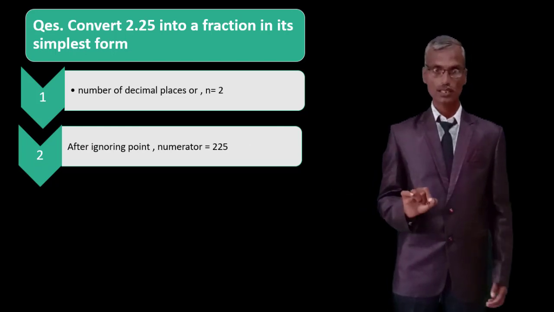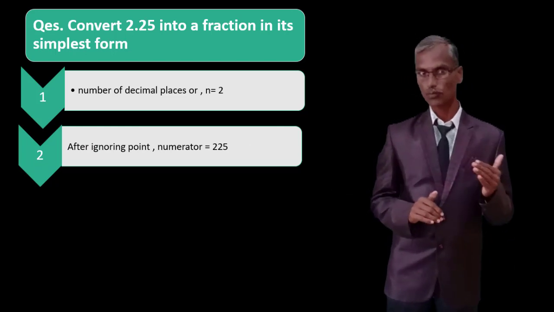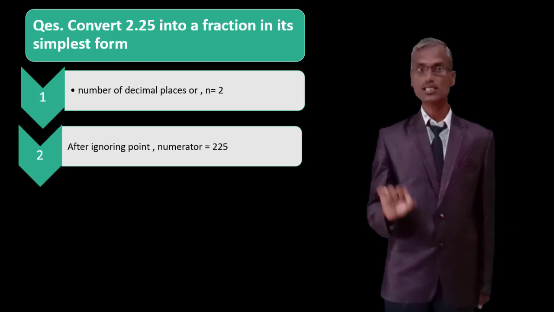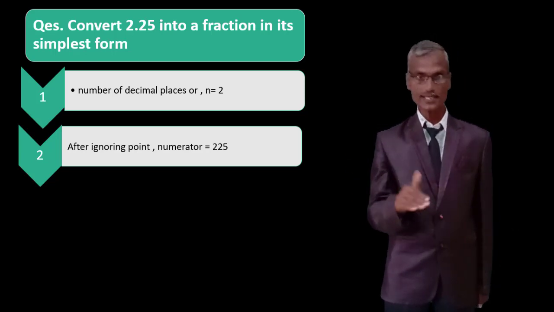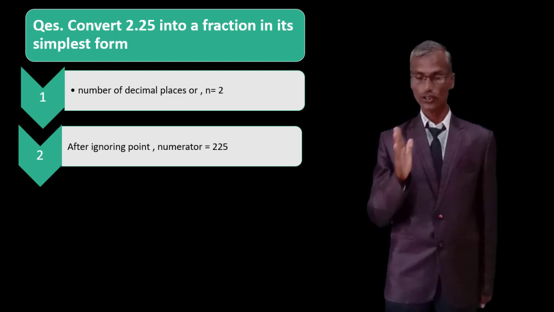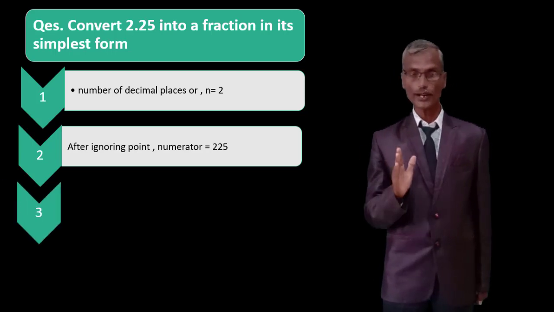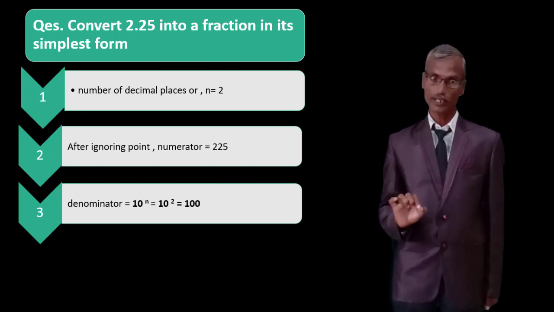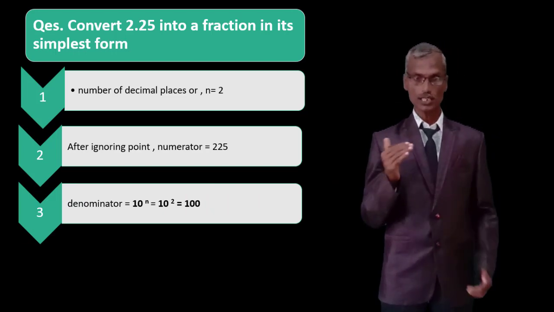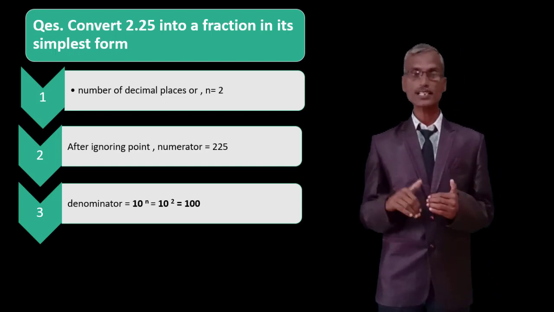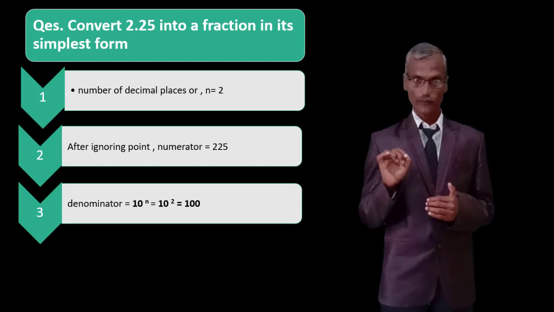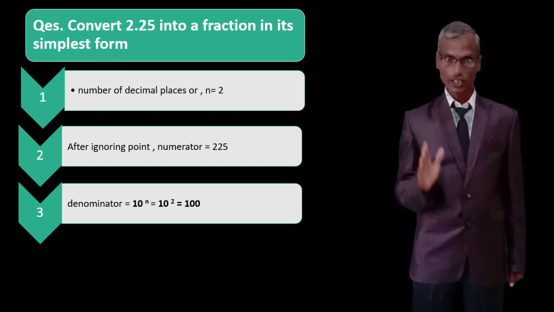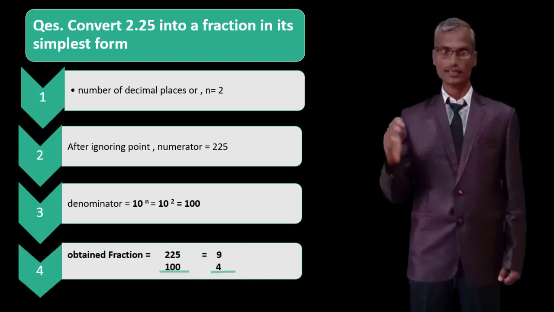Second step, after ignoring the decimal point, we write all the digits of the decimal number as the numerator. Therefore, numerator is equal to 225. Now, step third, denominator is equal to 10 raised to the power 2, where 2 is the number of decimal places. It will be equal to 100.